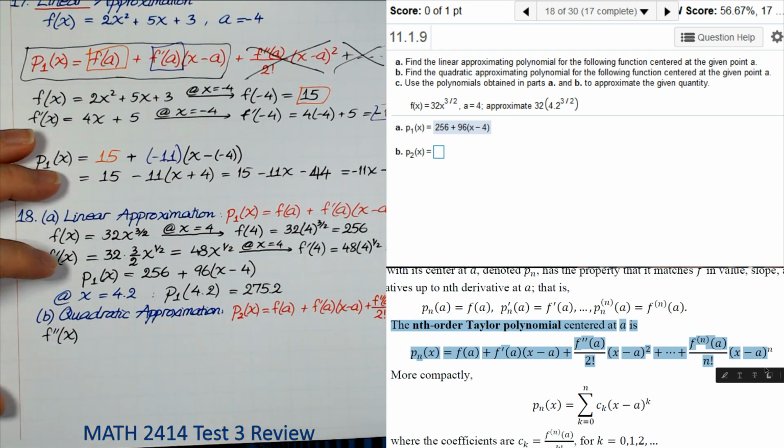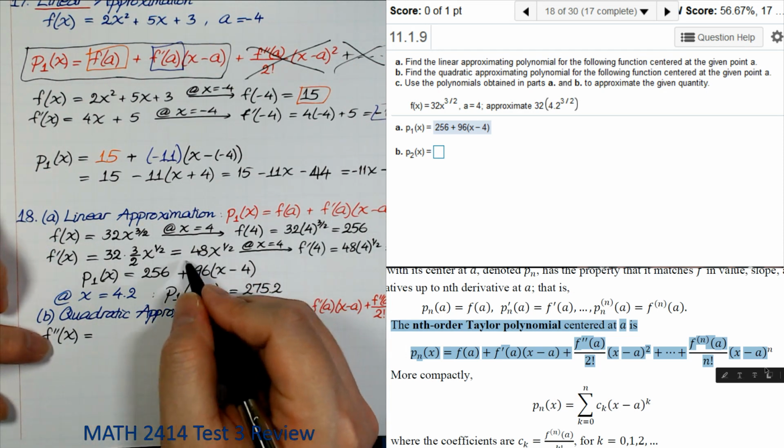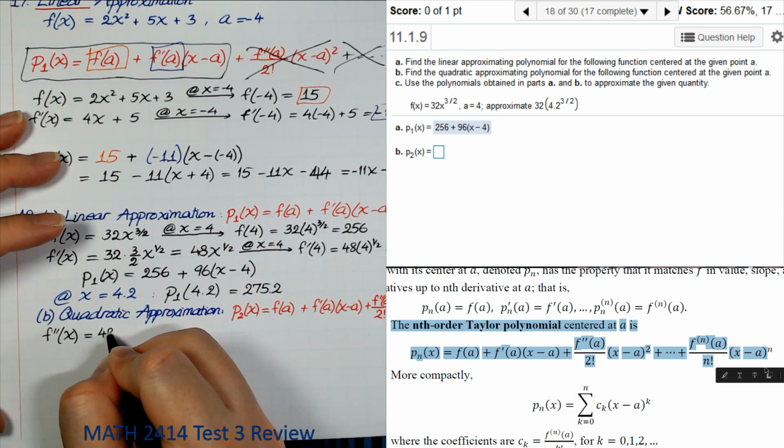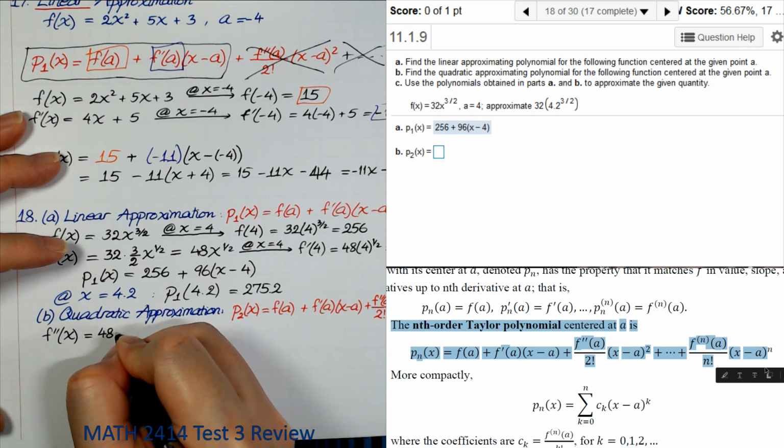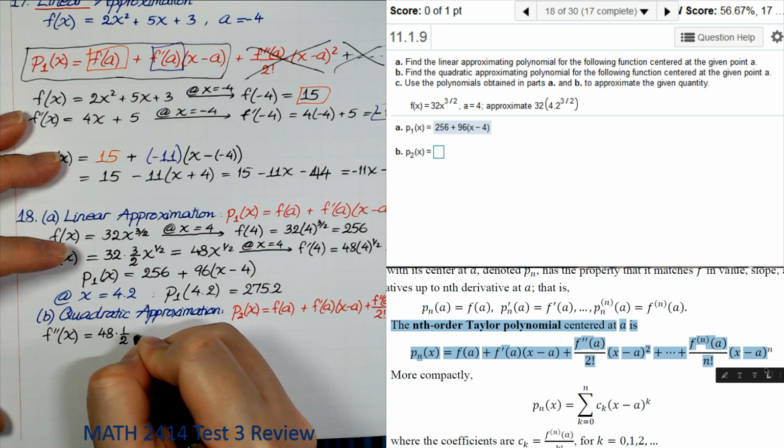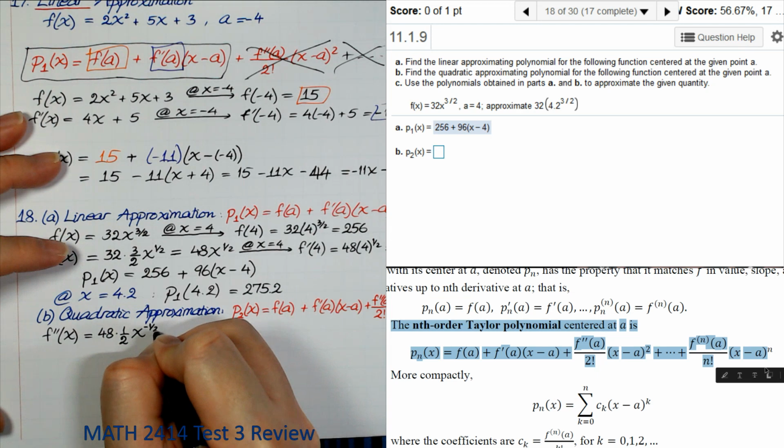So first, the second derivative. Actually, on this one, we should use the table. Second derivative is the derivative of this, 48 take down 1/2, original power minus 1.